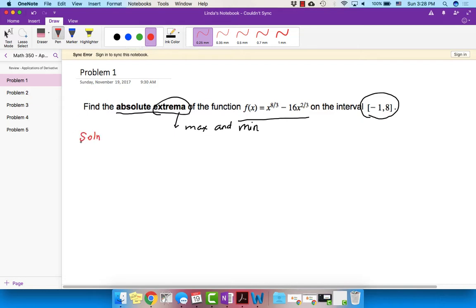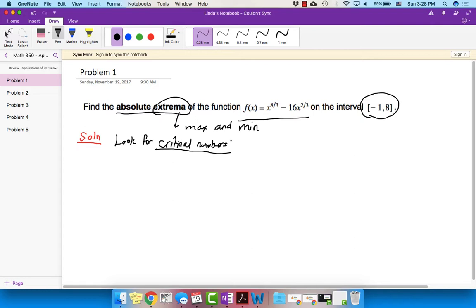To start, whenever the question says find the absolute extrema, you first have to look for critical numbers. Remember from our previous videos, a critical number is found by setting the derivative of the function equal to 0 and finding the s values where the derivative is 0.